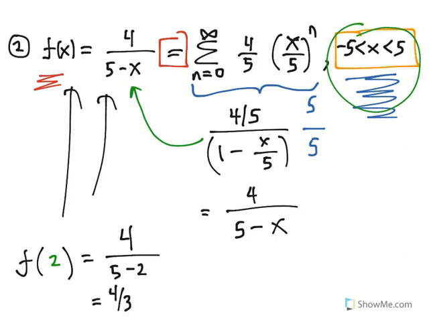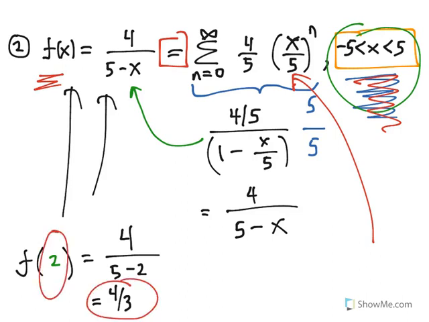Now, if you wanted to evaluate the geometric power series that represents the function on this interval of convergence at x is equal to 2, you would also get 4/3 because this geometric power series is an exact representation of our function on this interval of x values.